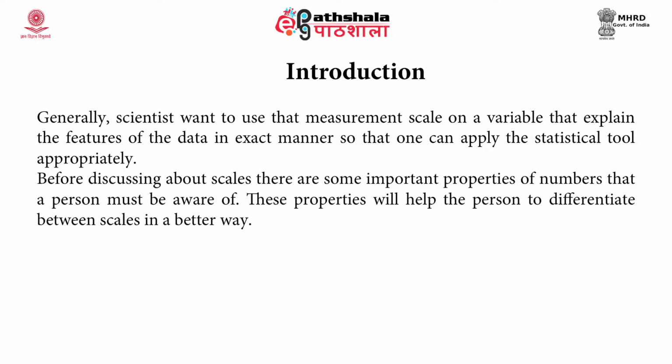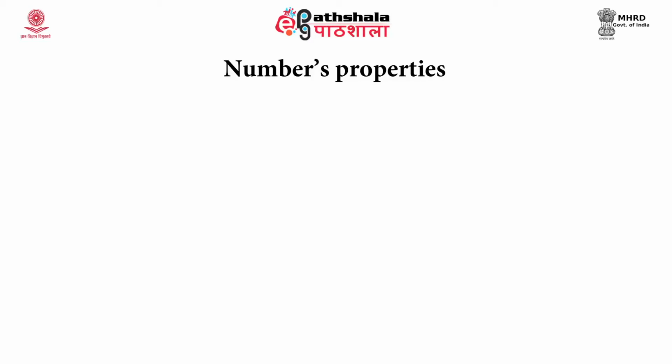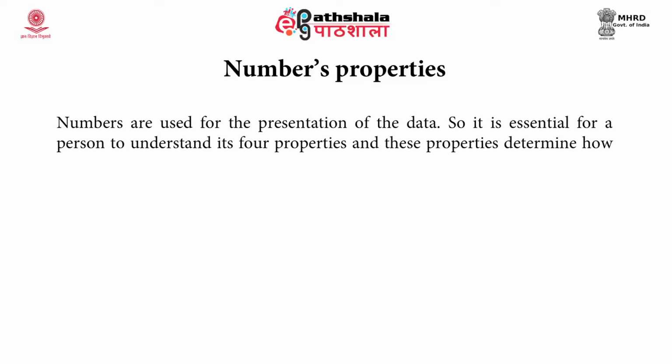Before discussing scales, there are some important properties of numbers that a person must be aware of. These properties will help the person to differentiate between scales in a better way. Numbers property. Numbers are used for the presentation of the data.